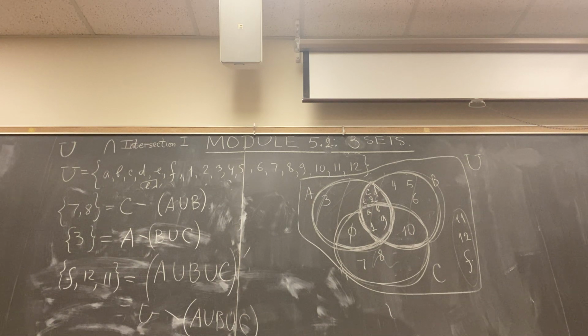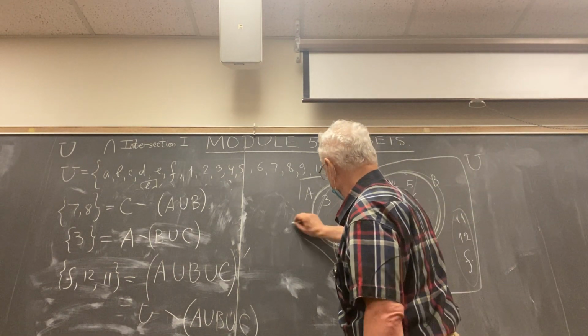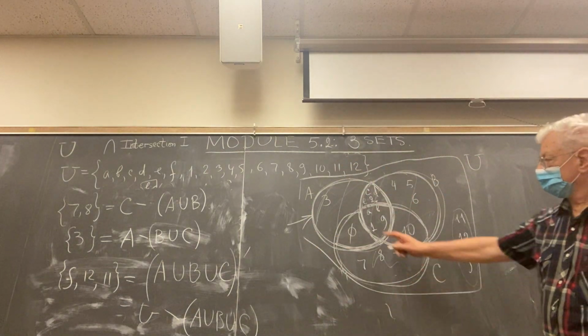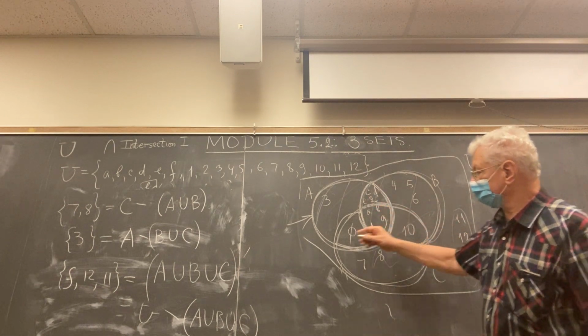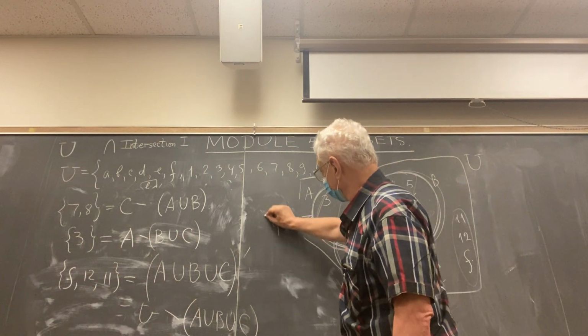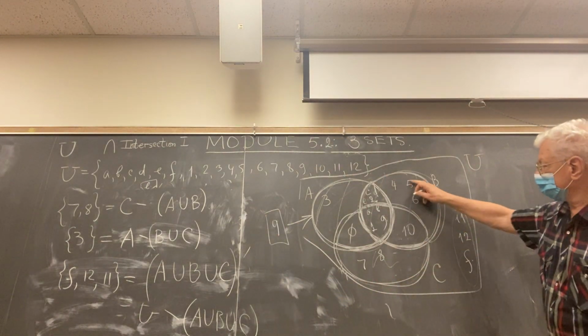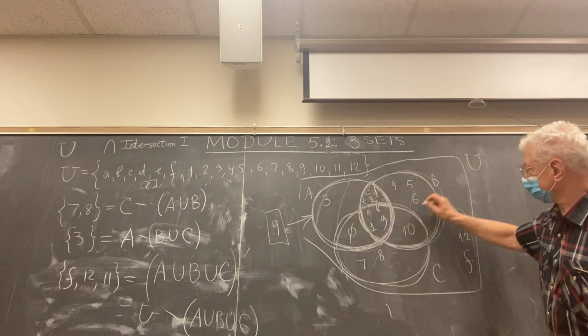Now, if you write the number of elements, how many elements are in A? 1, 2, 3, 4, 5, 6, 7, 8, 9. Nine elements. How many elements in B? 1, 2, 3, 4, 5, 6, 7, 8, 9, 10, 11.